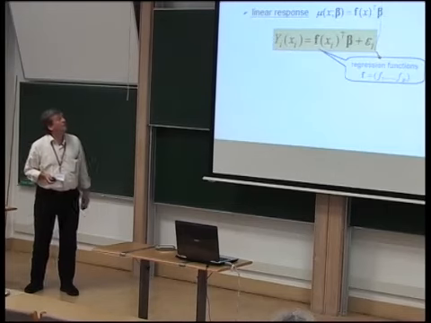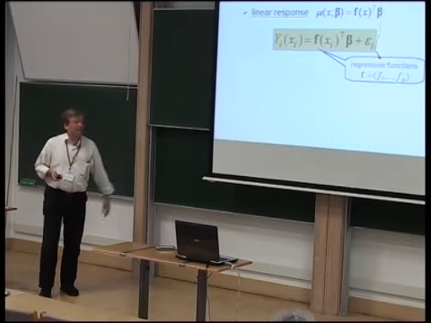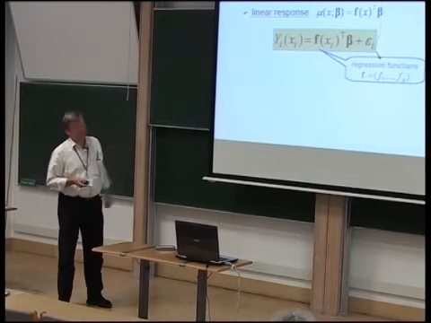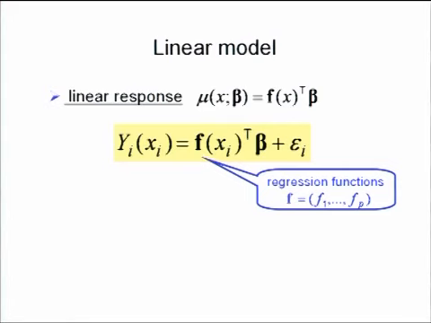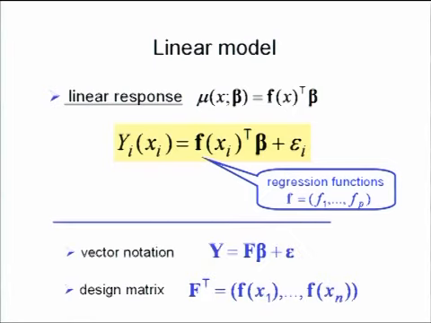Well, start with a linear model, that's what everybody knows. So if you rewrite the response in the way that this mean response mu can be split up in a sum of regression functions f1 to fp weighted with the unknown parameters, then it looks like that, and theory is well developed, so don't have to care much about that.